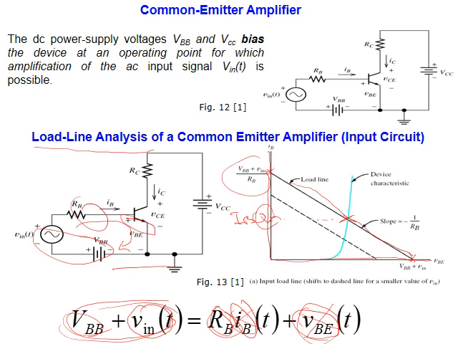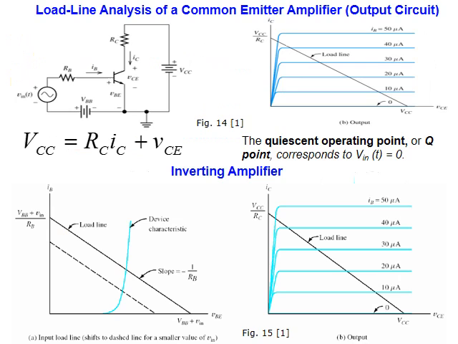I will take it and go to the output characteristics. Now the output characteristics happen in this circuit, meaning the collector circuit. This voltage equals the drop here plus the drop here, as you can see. Again, I will assume current 0, then VCE equals VCC, I have a point. Or VCE 0, then IC equals VCC over RC, I have another point.